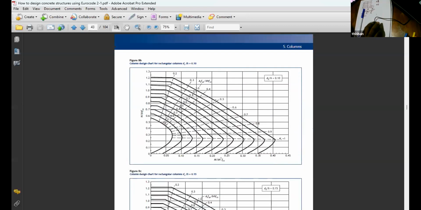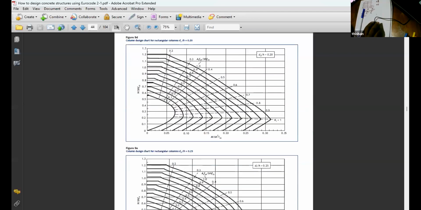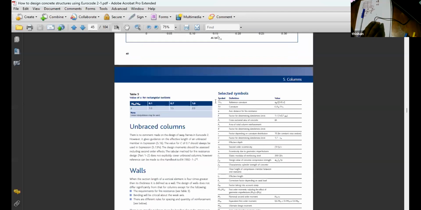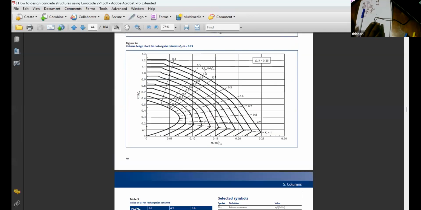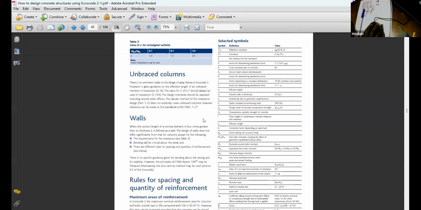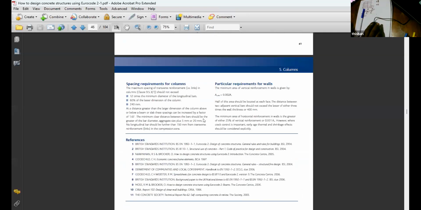But then BS 8110 came. It came with a simplified equation where biaxial moment can be converted to a single axis moment and you can do the design. So many engineers still do the design that way, converting biaxial bending to single axis bending. So it's all up to you to decide which way you like it.